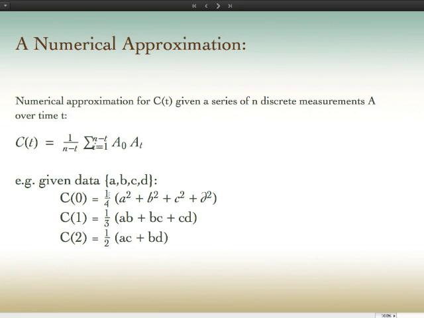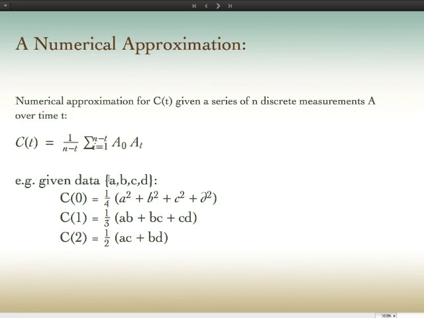So C of 0 is going to be 1 over 4 times A squared plus B squared plus C squared plus D squared. And then when we have a C of 1, so our time correlation function at t equals 1, now you're going to have a one time step delay between each thing.